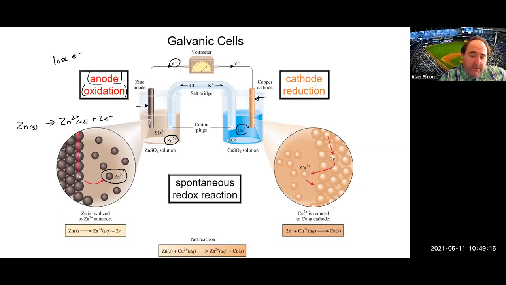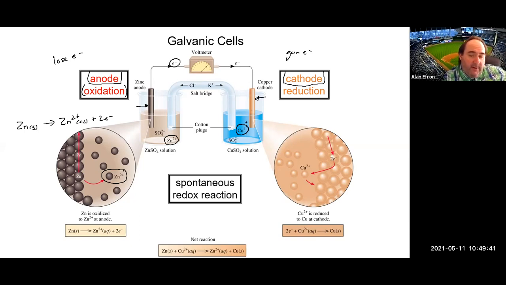Usually this electrode is in a solution that contains the same ion as the solid electrode. So in this case, we have Cu2+ ions floating around in the solution. This side of the galvanic cell is known as the cathode, and this is where reduction takes place, or the gaining of electrons, which makes sense. Electrons are traveling from our anode to our cathode.